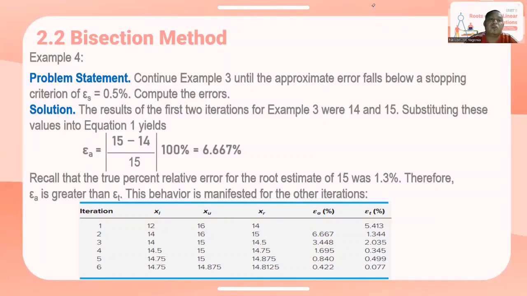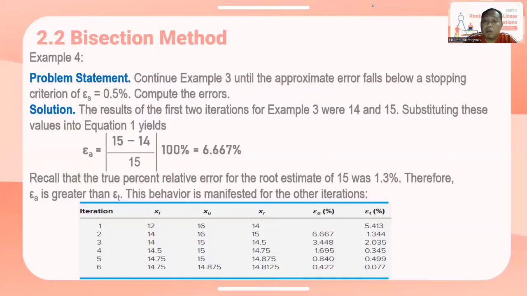Substituting these values into equation 1 yields epsilon sub a equal to 6.667%. Recall that the percent relative error for the root estimate of 15 was 1.3%. Therefore, epsilon sub a is greater than epsilon sub t. This behavior is manifested for other iterations.